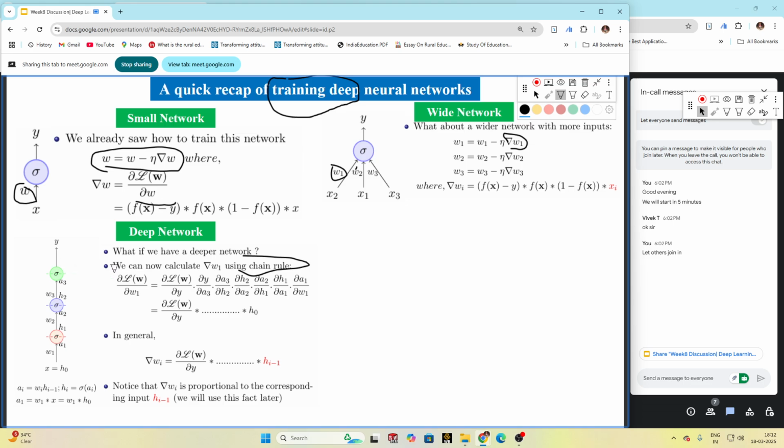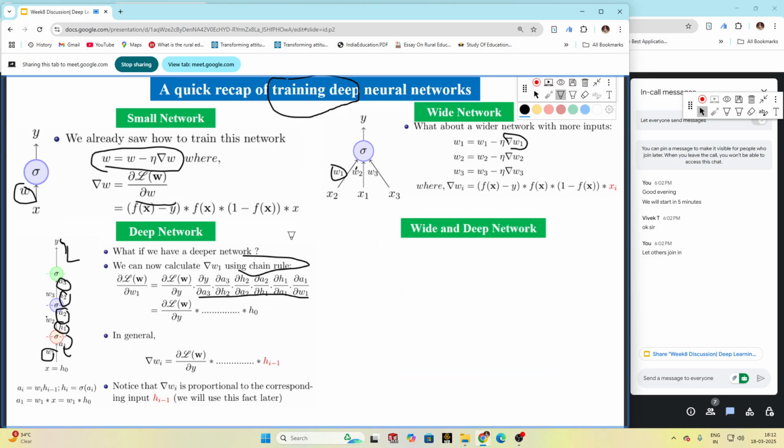From the loss function you have to come to the output, from the output to this input, A3, then to this weight, then from this weight to this weight, to H1, and then you can reach A1, and from A1 you can reach W1. So for calculating the gradient in a deep network, you have to follow the chain rule.